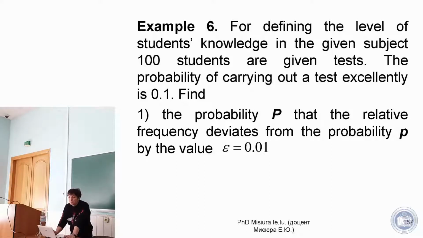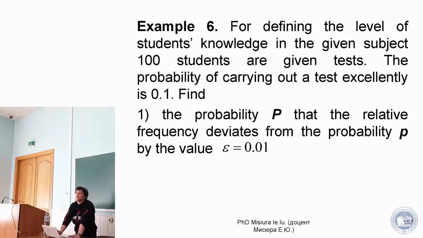The probability of carrying out a test excellently is 0.1. Find the probability, capital P, that the relative frequency deviates from the probability little p by the value epsilon 0.01.